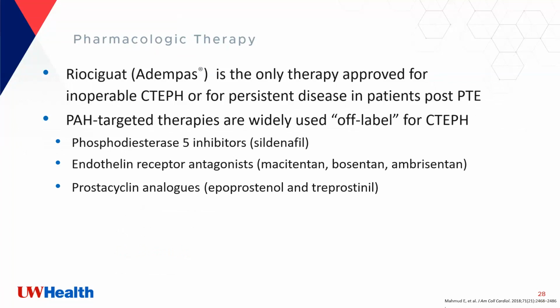There's also pulmonary arterial hypertension targeted therapy that are widely used off-label for CTEPH because pathophysiologically the changes that are happening in PAH and CTEPH are quite similar. So for these we have phosphodiesterase 5 inhibitors such as sildenafil. We have endothelin receptor antagonists such as macitentan, bosentan, and ambrisentan. And we have prostacyclin analogs such as epoprostenol or treprostinil.